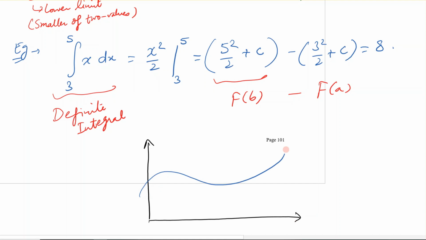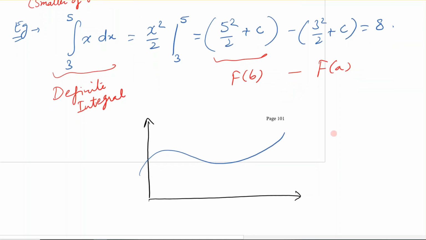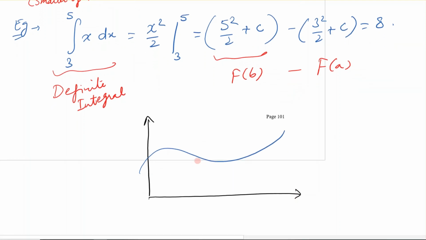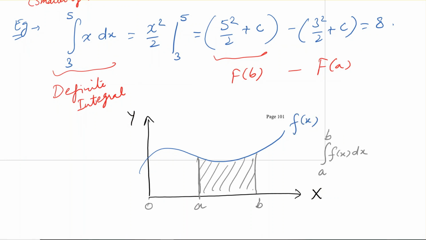Let's say we have this graph with a function f(x), and we want to figure out the area between two limits from a to b. That area would be given by the definite integral from a to b of f(x) dx.